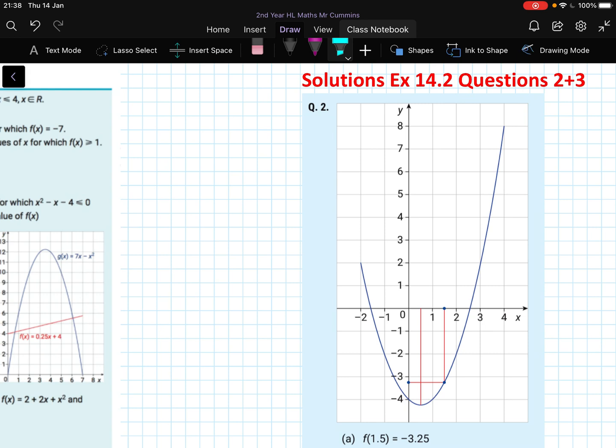So if we go on our graph to where x is 1.5, which is up here, and as before we go down to where it touches the graph, that is where f of 1.5 is, and our answer there is minus 3.25, because we're in the minus y there. So minus 3.25. Very good.